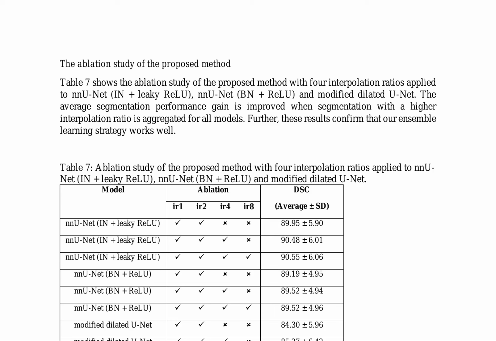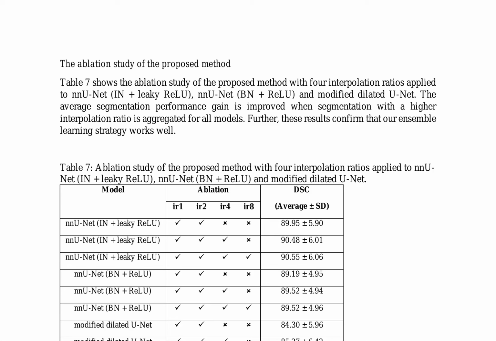The ablation study evaluates the individual contributions of the proposed method's components by selectively removing or replacing them. The results confirm the effectiveness of the ensemble learning strategy, as consistent performance gains are observed across all models.